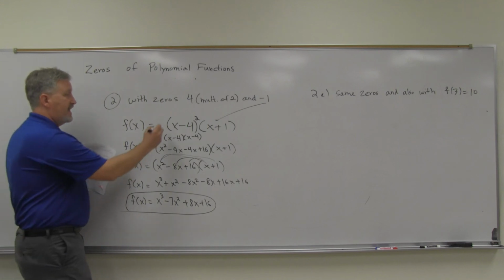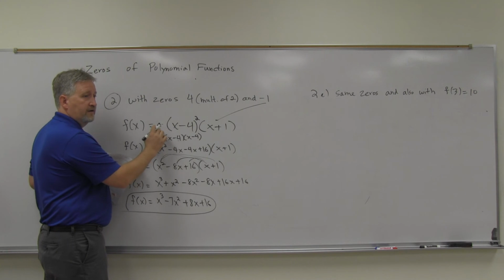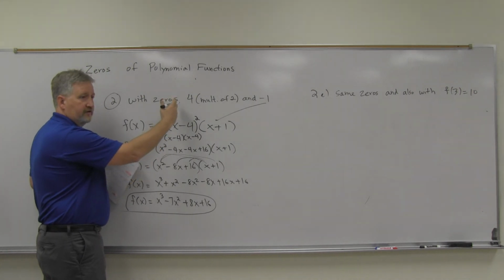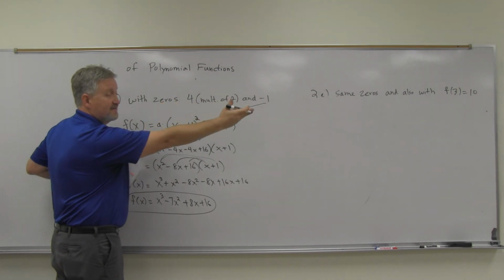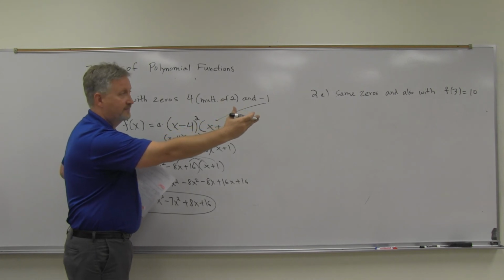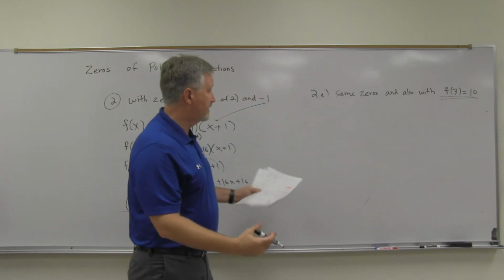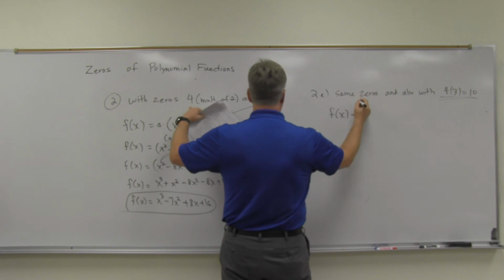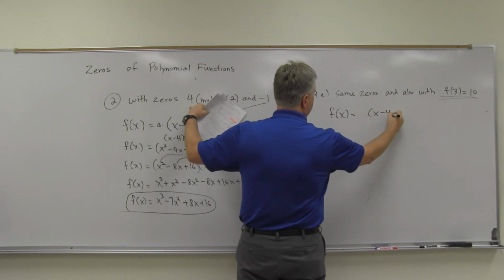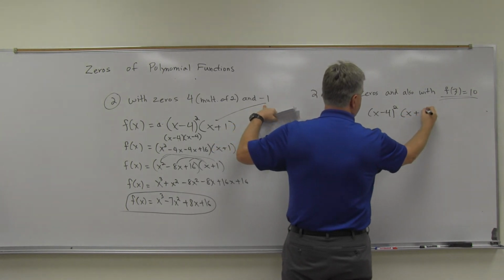However, couldn't I add right here any number I wanted? I could add a 3 or a 2 or a 5. It would still have those zeros, wouldn't it? And the reason I would do that is because if I wanted to hit a specific point. So I have f of x equals, same zeros, so I'd have x minus 4, multiplicity 2, so that'd be squared, and then x plus 1 for the negative 1.